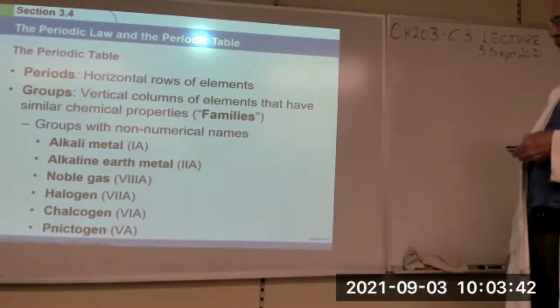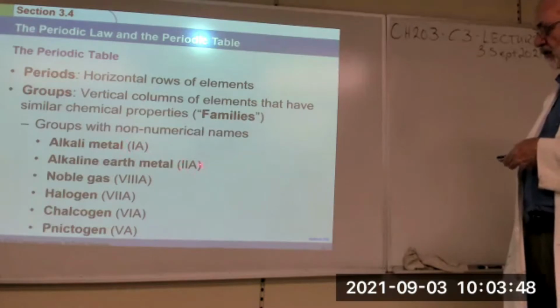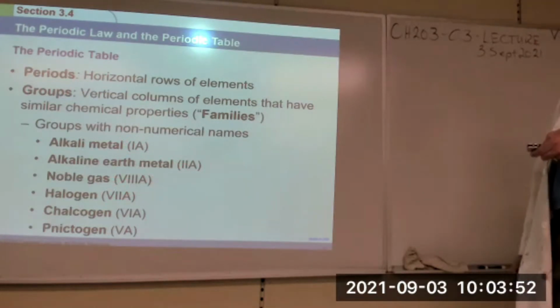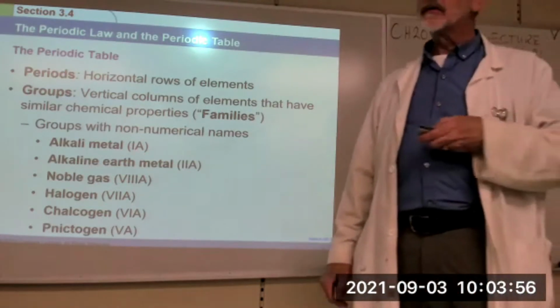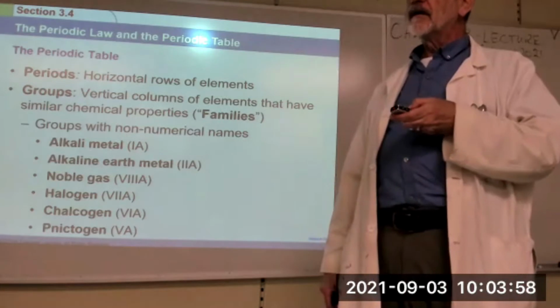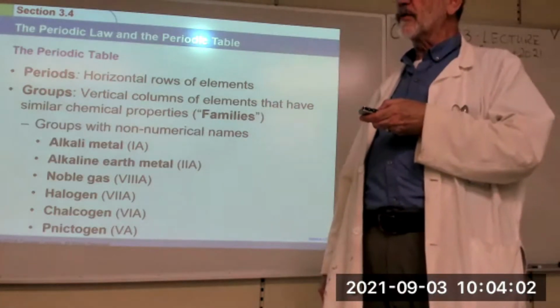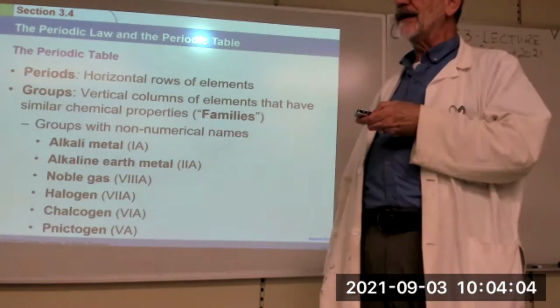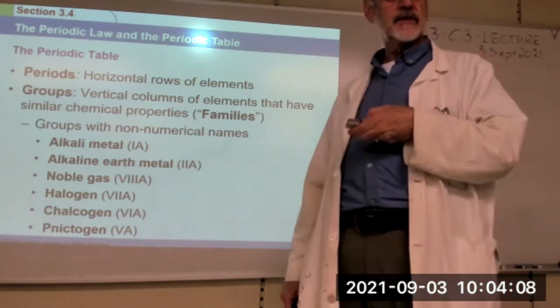And notice this, the groups have this number attached to them, the Roman numeral. That's the old way of numbering the groups. From left to right, there's 1A, there's 2A, then you skip over here to the boron group, 3, 4, 5, 6, 7, and then sometimes they say 8A, sometimes they put a 0 up there.